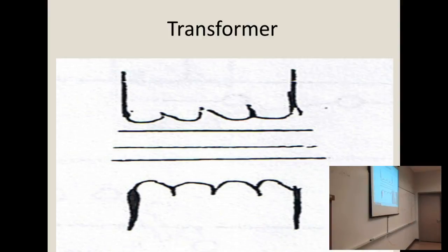And I said, well, you know what? What if I put a tap here? Instead of using this one and this one, what if I used this one and this one? And this one was only 500. 500 to 100. What's that ratio?